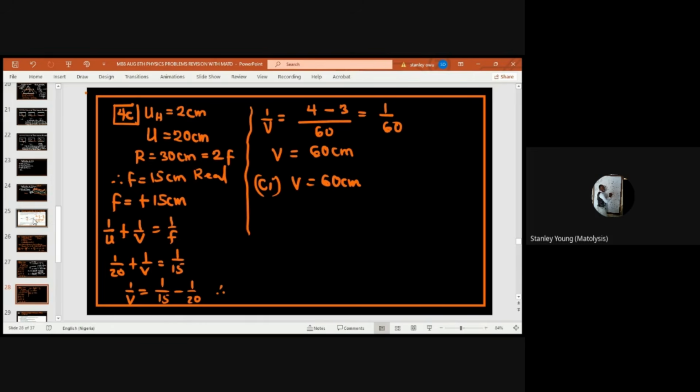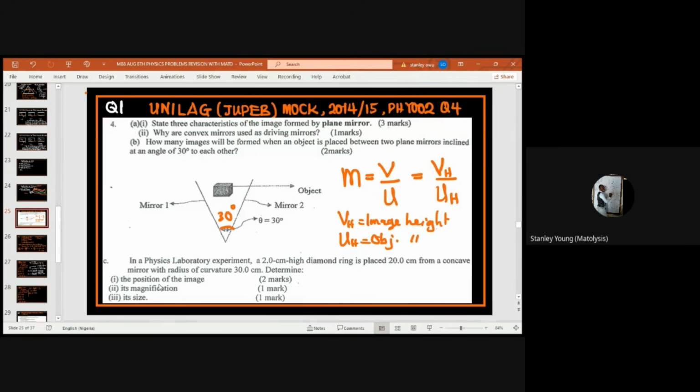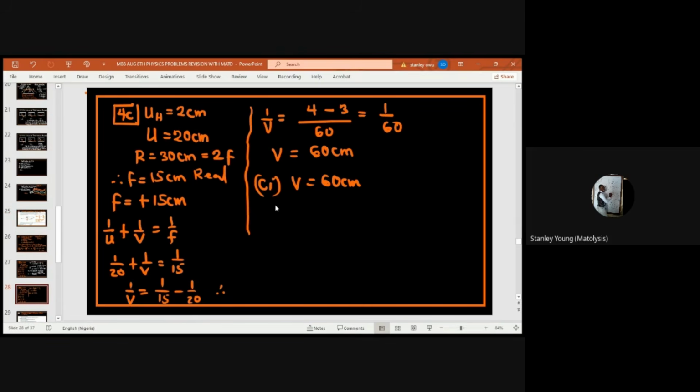So that takes us to part (ii), which is asking for magnification. That's M. So M equals V over U. Since we have our V as 60, and our U as 20, magnification is equal to 3.